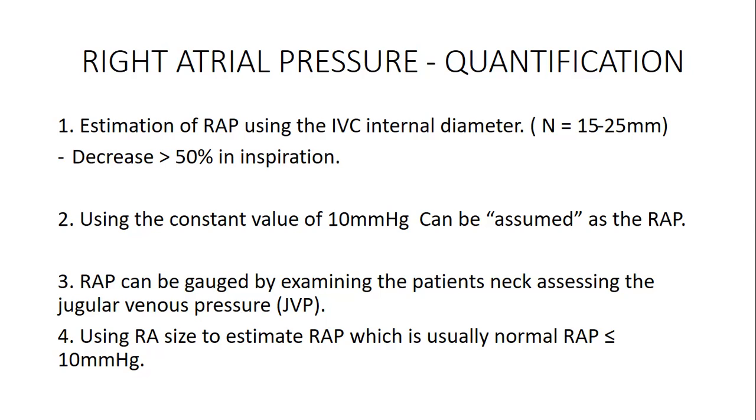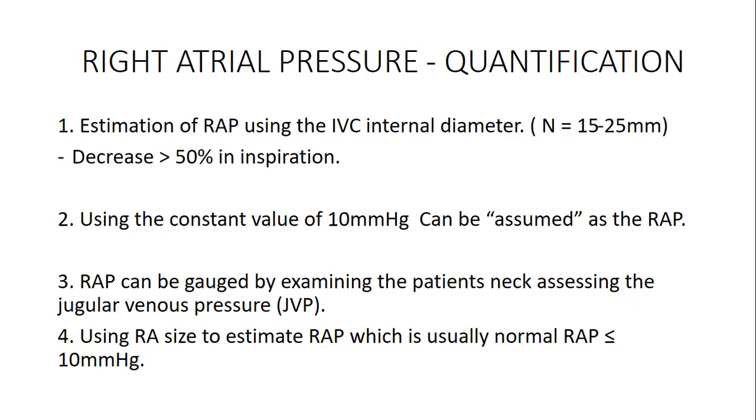So what is the disadvantage of using this method? The disadvantage is that for those of us who are practicing echo, we tend to take this normal upper limit, which is 10 millimeters mercury, and then conclude on the pressures within there.